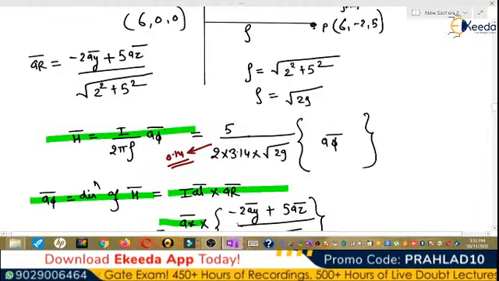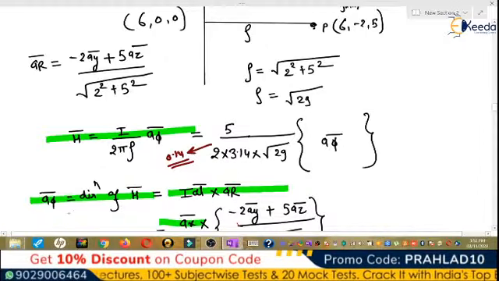So H vector is I by 2 pi rho a phi vector. So it is 5 by 2 pi, pi is 3.14 and rho is the square root of 29, a phi vector. The a phi vector is the direction of H, and the H vector direction can be calculated as I dl vector cross aR vector.